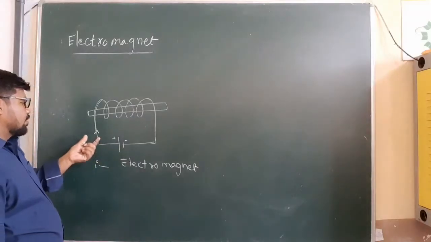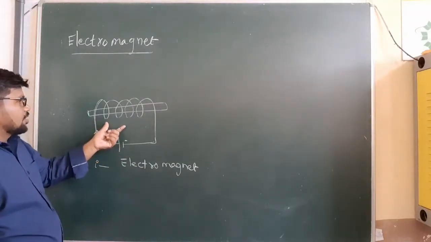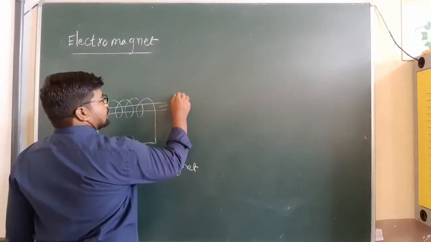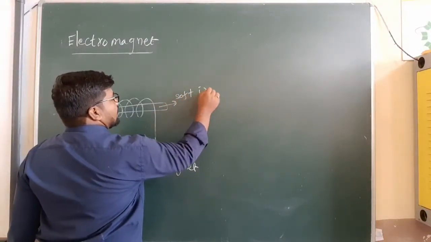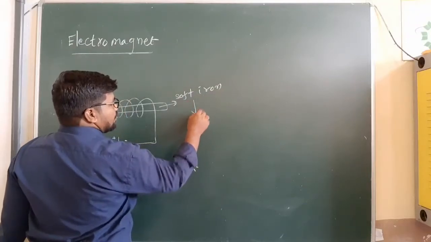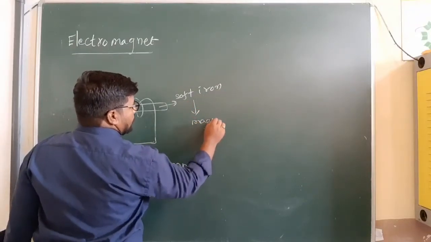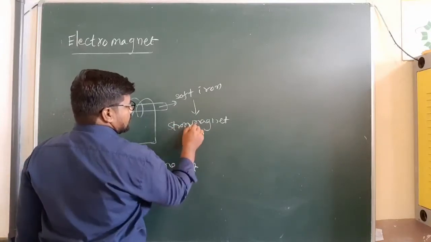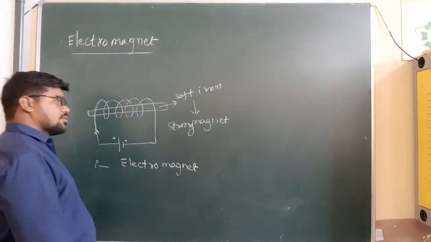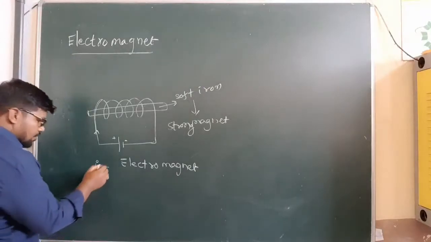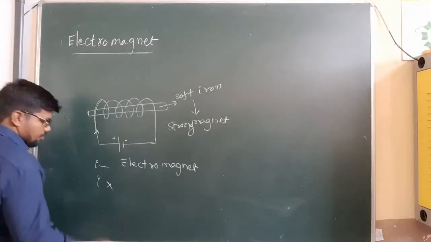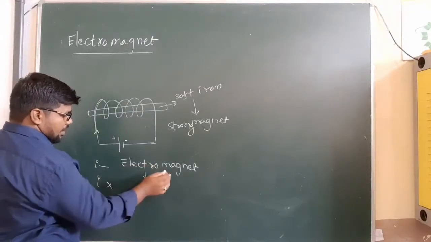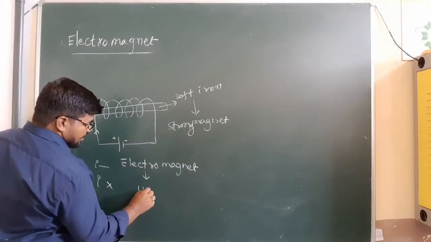If we send current through the solenoid, the soft iron becomes a strong magnet. If we stop the current, the electromagnet becomes demagnetized.